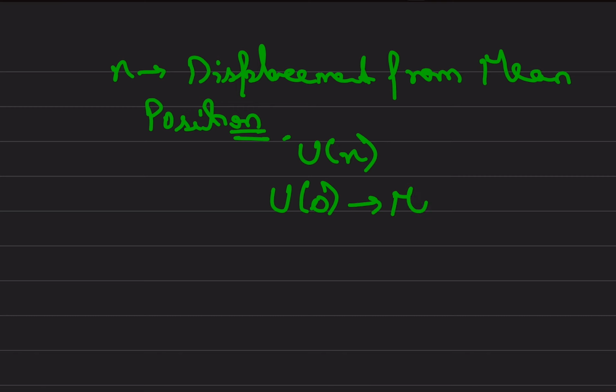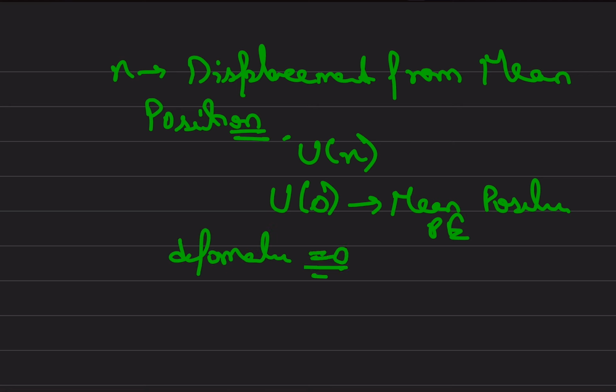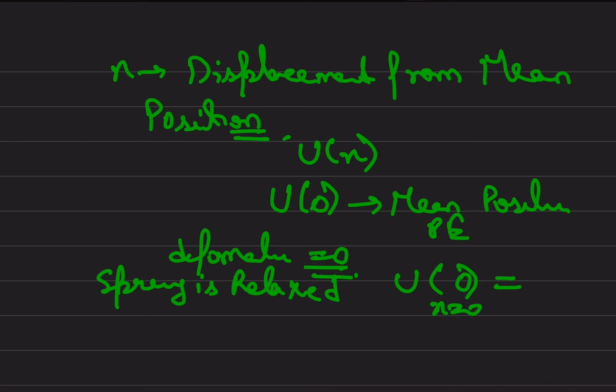U0 is the potential energy at the mean position. Since deformation is equal to 0, or the spring is relaxed, the potential energy at x equal to 0 is 0.